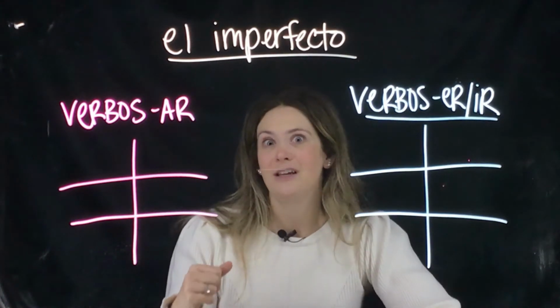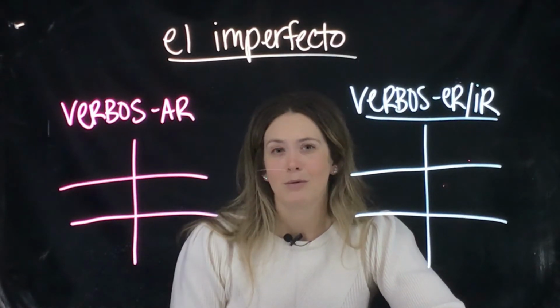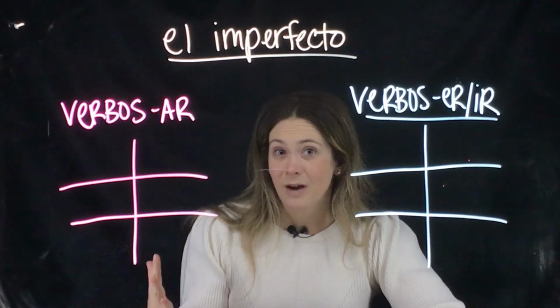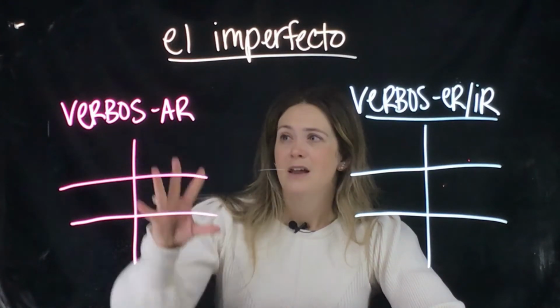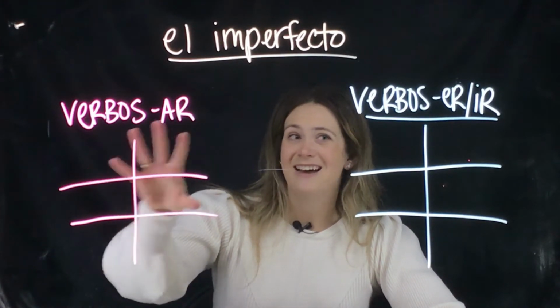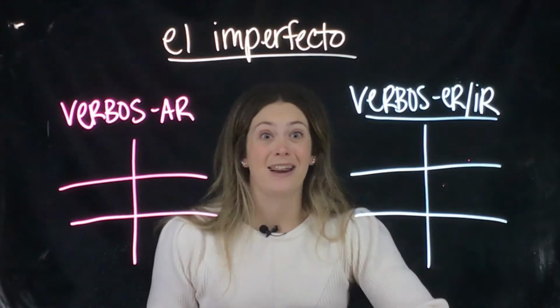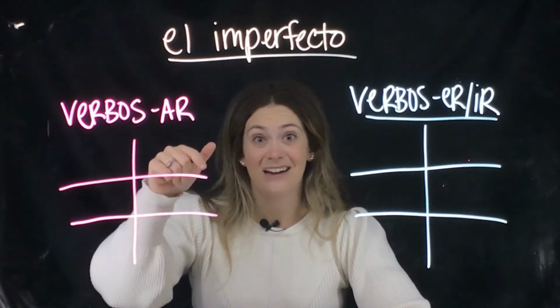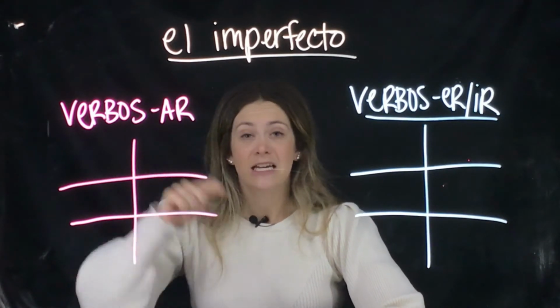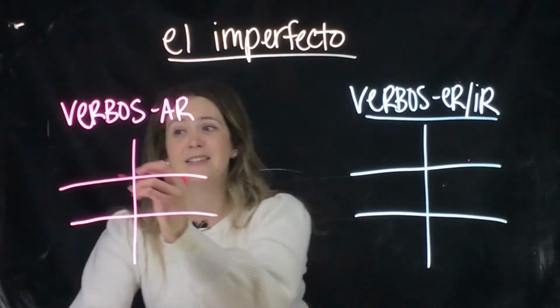Before we get to our irregulars, obviously, let's go through our regular verbs. Para conjugar los verbos regulares en el imperfecto, tenemos las conjugaciones AR y conjugaciones para ER, IR. Las conjugaciones AR, and you will type these into the boxes down below here in this Google Slides.